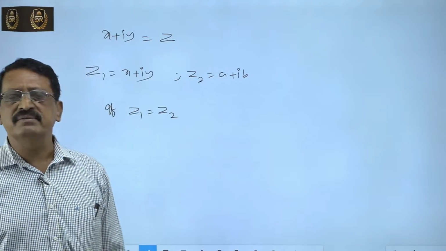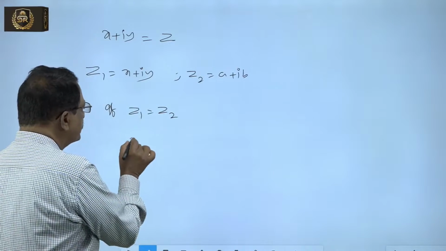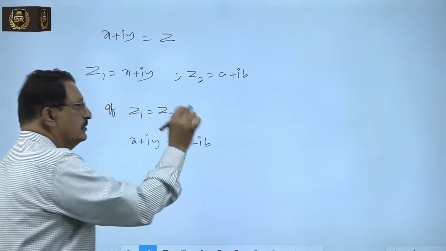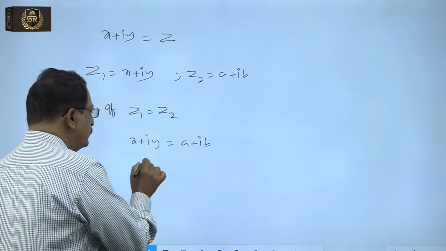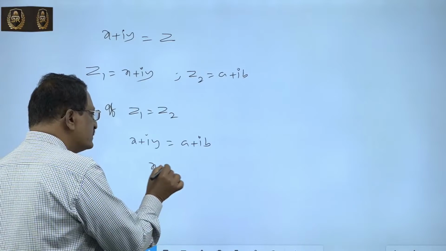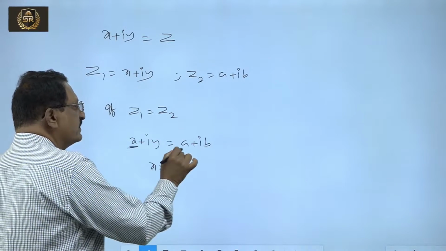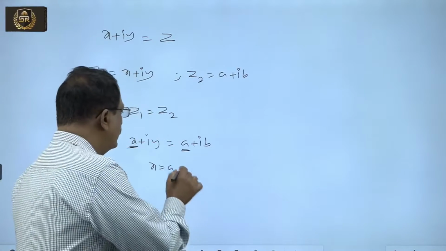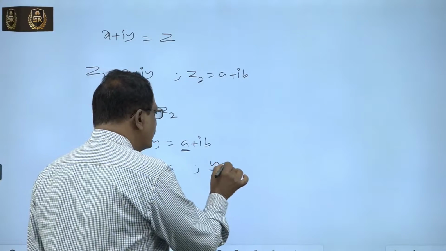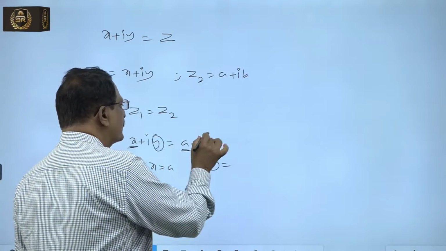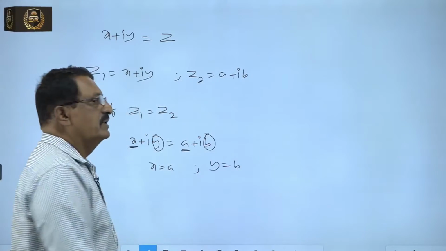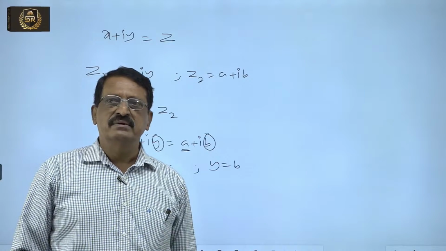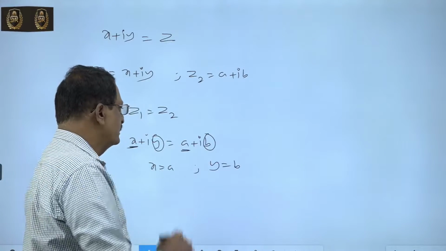Means x plus iy equals a plus ib. It is defined only if x equals a, means the real part of the first complex number and the real part of the second complex number must be equal, and the imaginary parts of the first and second complex numbers must also be equal. Only in that case are the two complex numbers equal.